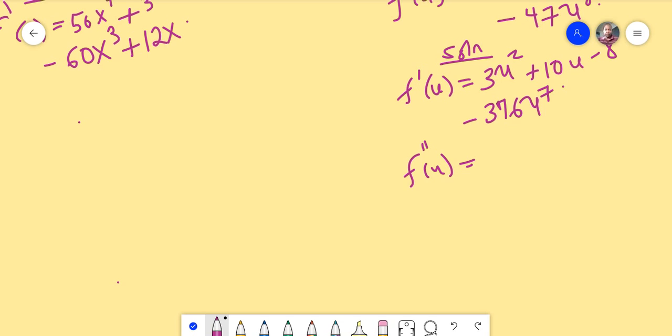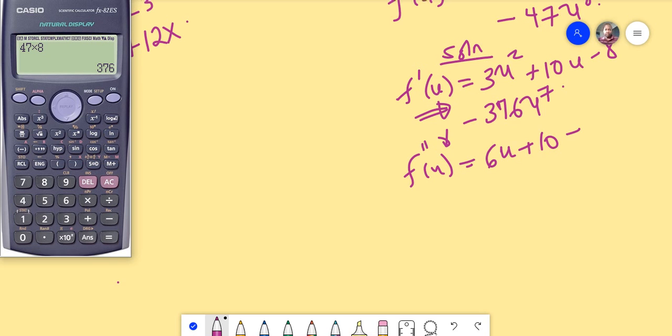Second derivative of this will be, you differentiate the first solution to get the second one. So it will be 6u plus 10. Minus 8 is a constant, so it will disappear. So we'll remain with minus 376 times 7.